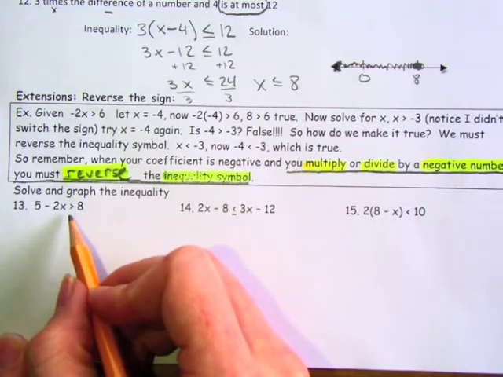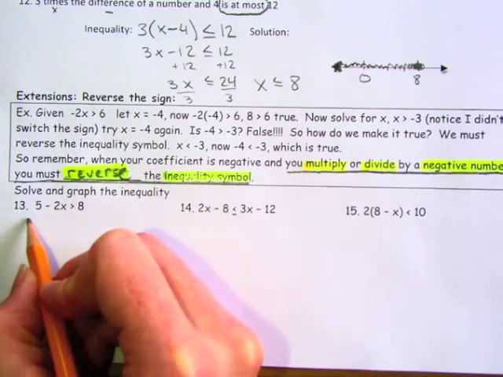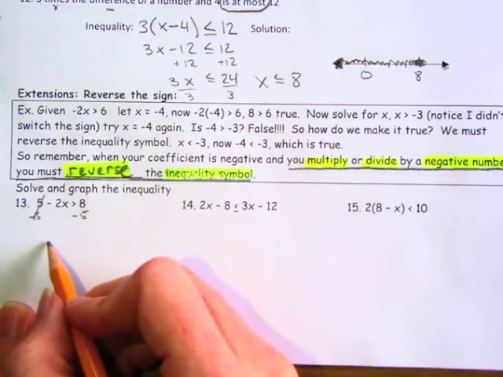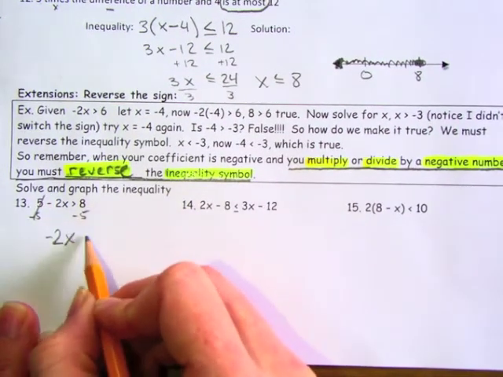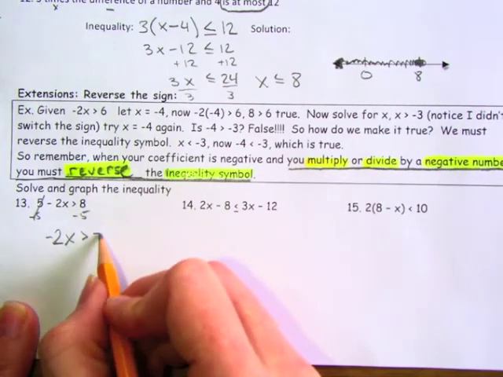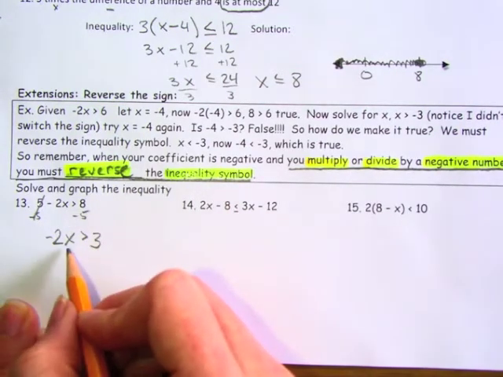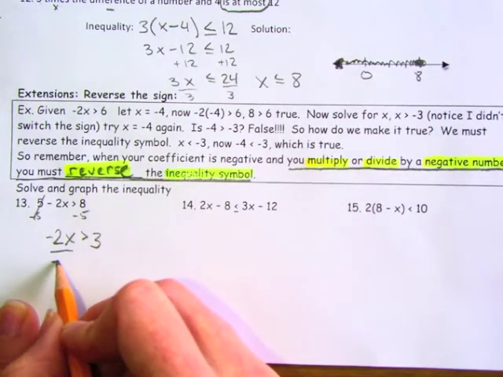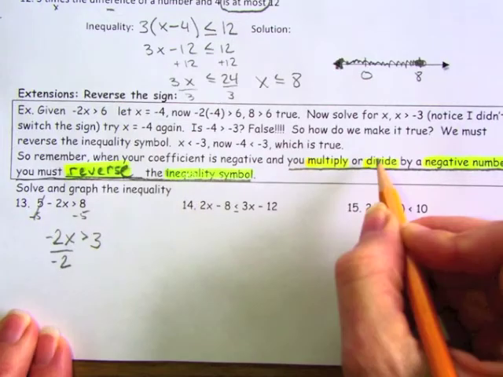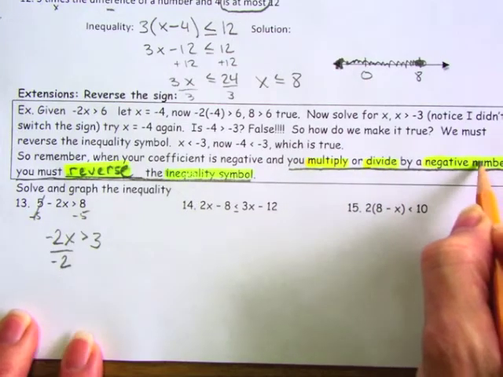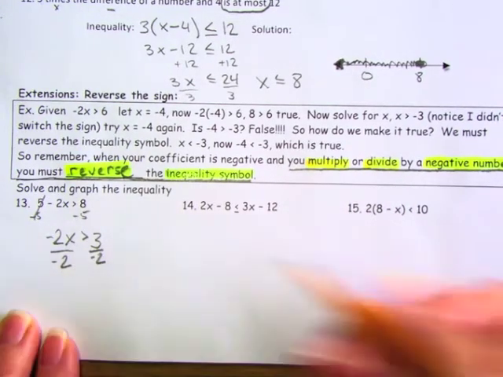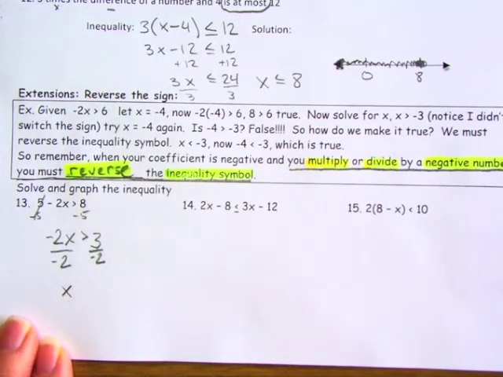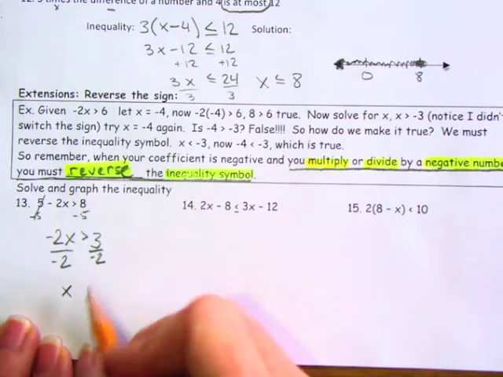Looking at this inequality here, if I solve that, the first step would be to subtract 5. And when I subtract 5, I'm left with -2x is greater than 8 minus 5, which is 3. The next step to solve is -2 times x, so I divide by a negative. Well, there it is. I'm dividing by a negative. I need to do that on both sides. As soon as I divide by a negative, the sign value, positive versus negative, changes on both sides.